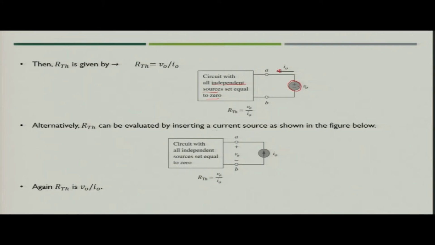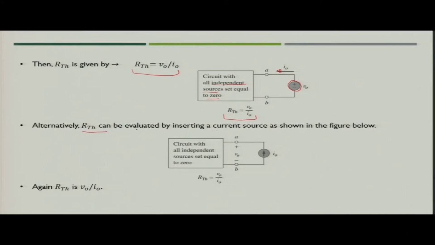Whatever current is flowing into the terminal AB, divide the voltage which you are applying by it, then V naught divided by I naught would give you the value of the Thevenin equivalent resistance, that is RTH.